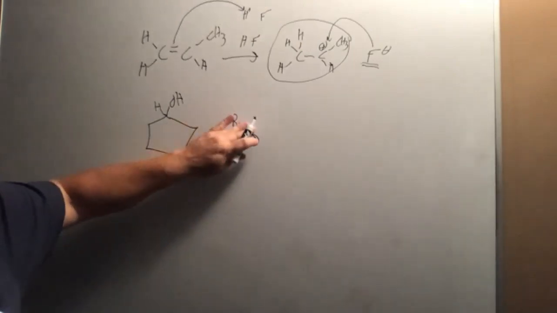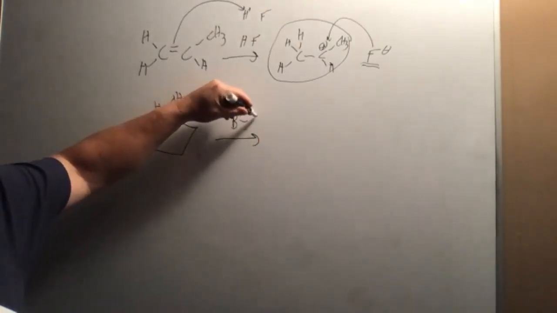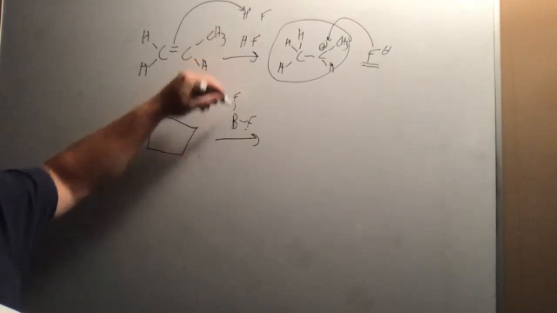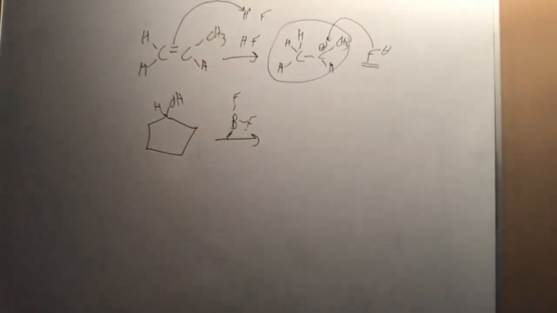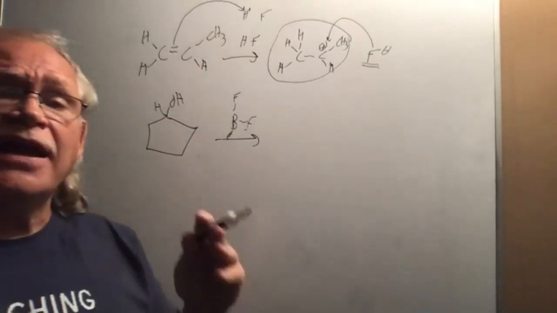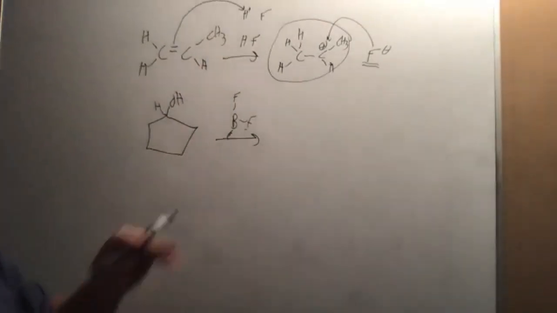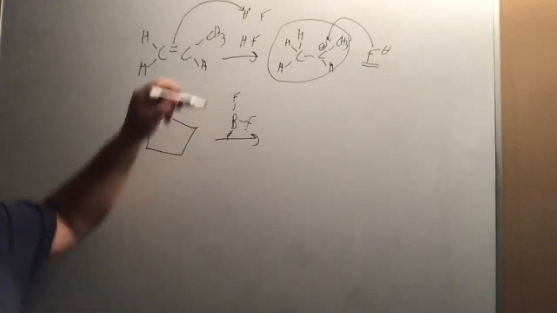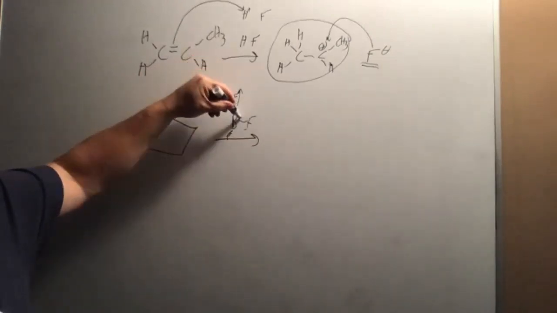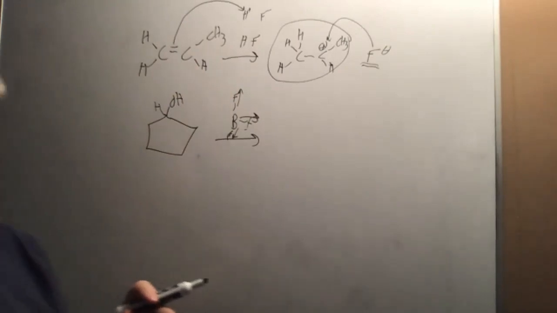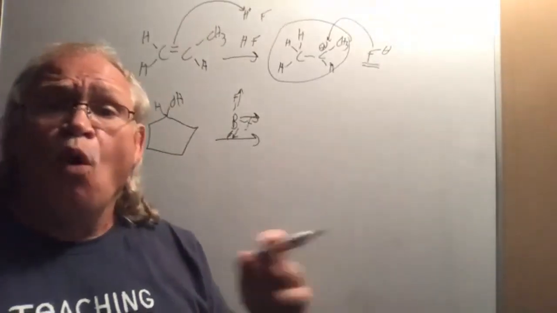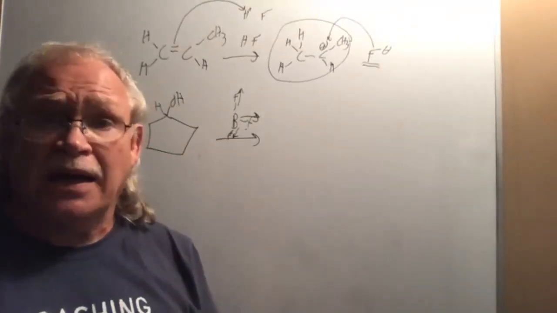I'm going to draw that out in a little bit more detail. Notice this boron is very electron deficient. It's already only got 6 electrons around it, but these fluorines are pulling electron density away from it. So that boron atom wants electrons very badly.